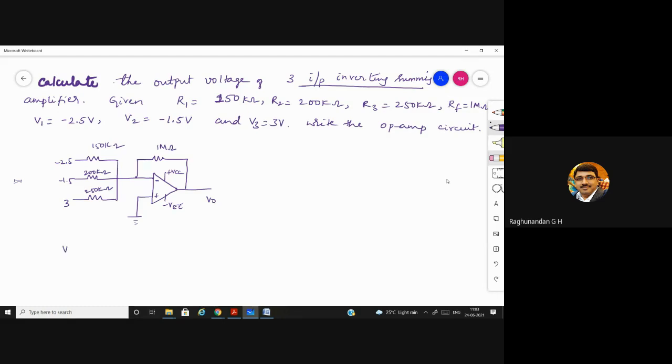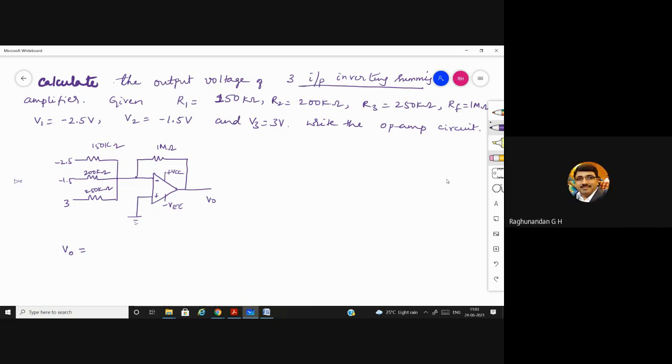So we have the formula for the 3-input inverting adder, as in our derivation we have taken RF by R as common. Can we take the same way here? No, sir.